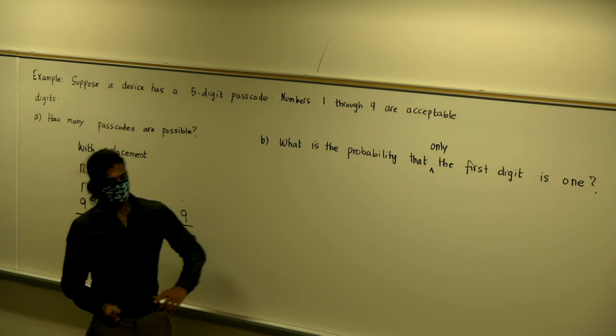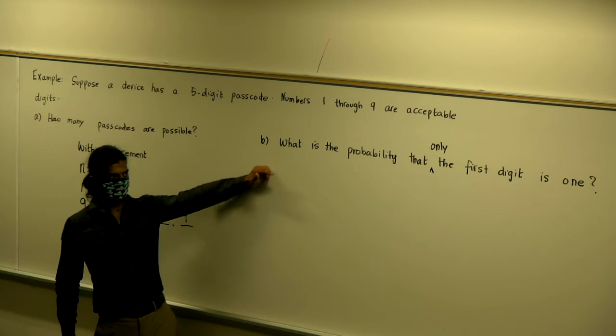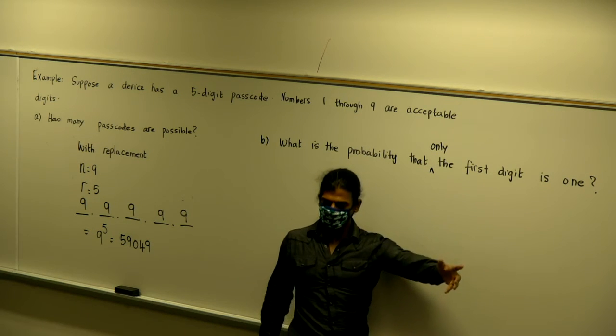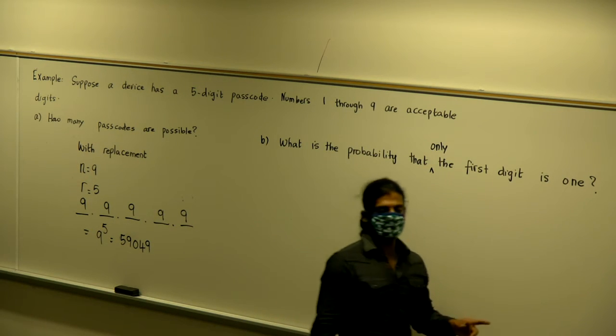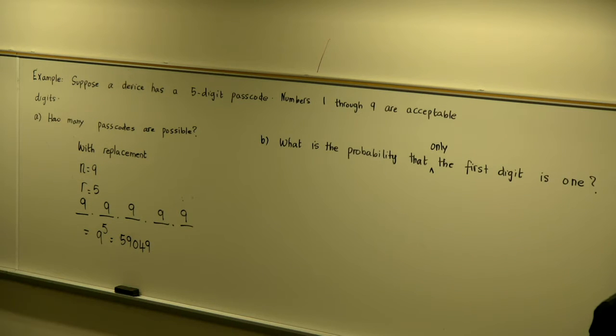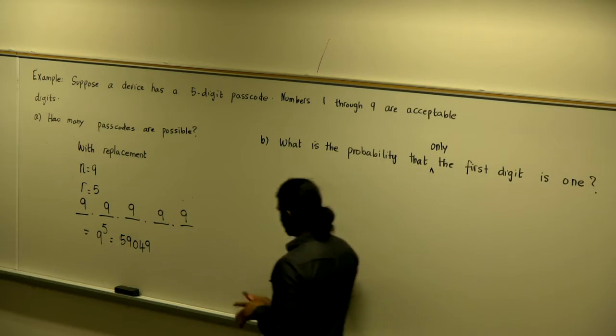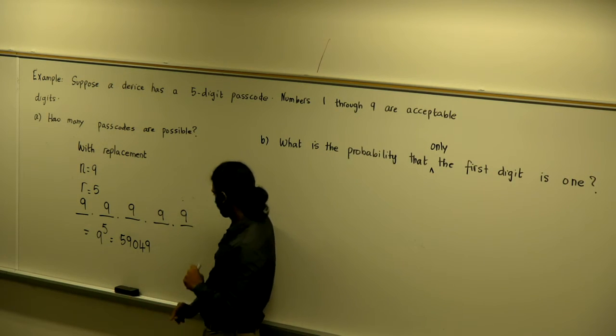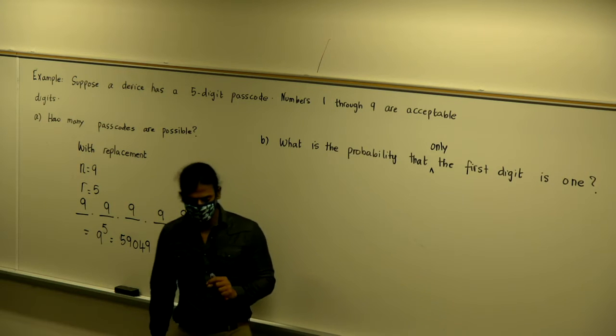So we want to find the probability that only the first digit is 1. We're not computing the number of ways, we're actually looking for the probability. So we know the total number of outcomes that are possible, which is 59,049.